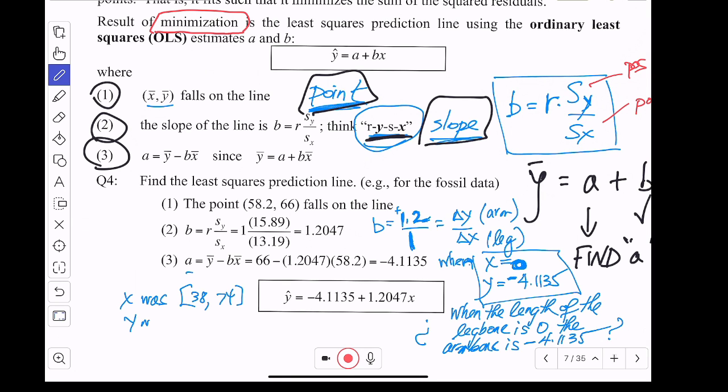And y was 41 to 84. So 0 for x is really far away, far enough away that this doesn't make sense. But it is the intercept for drawing the line. You just shouldn't extend the line all the way back.